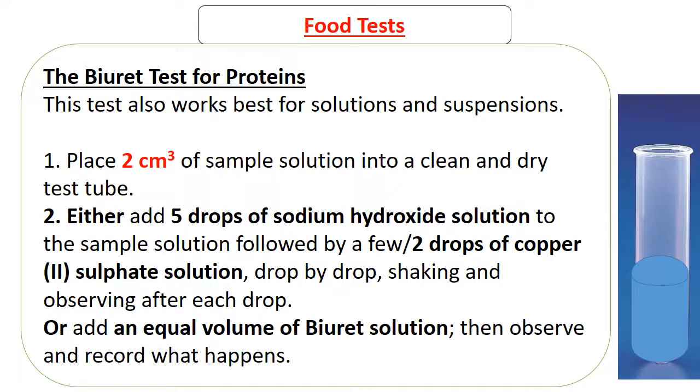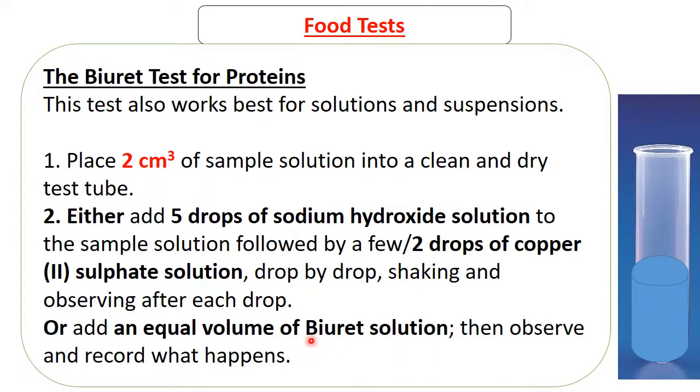If you haven't been given sodium hydroxide solution and copper 2 sulfate solution, you add an equal volume of Biuret solution. So Biuret solution is already made up solution, unlike these two which you need to add one by one.